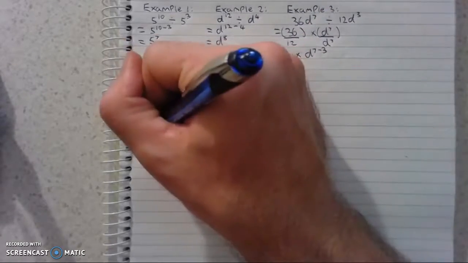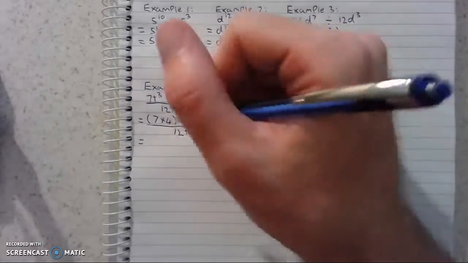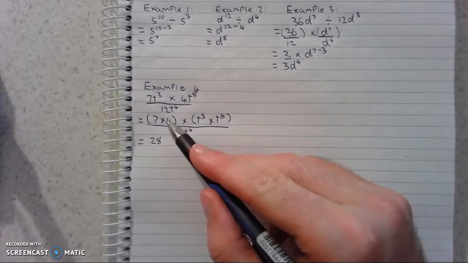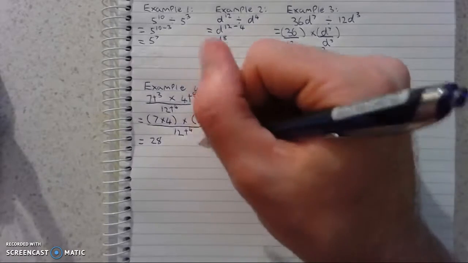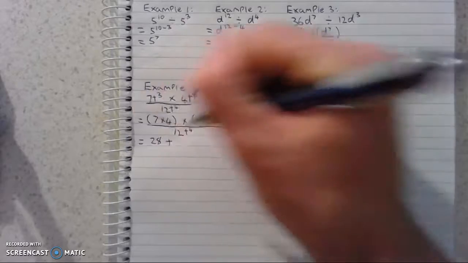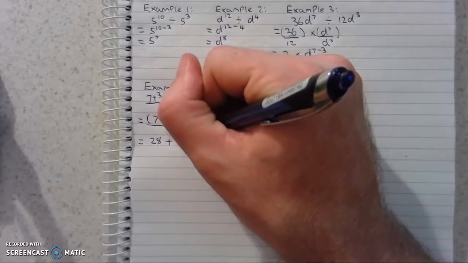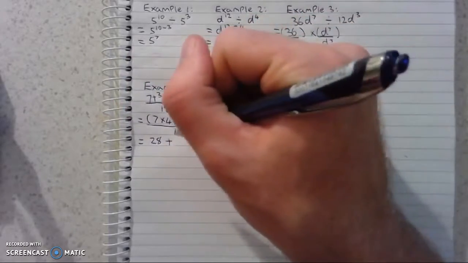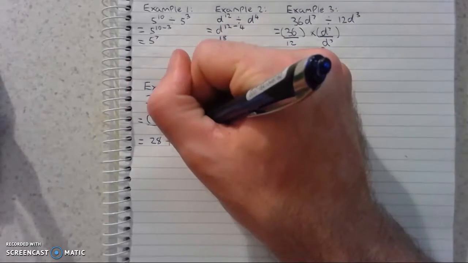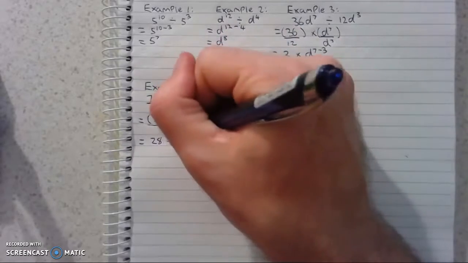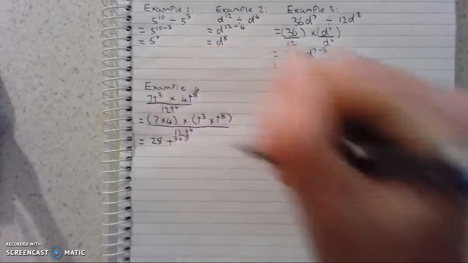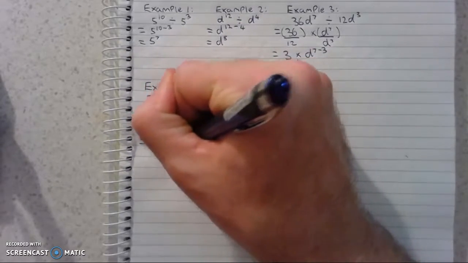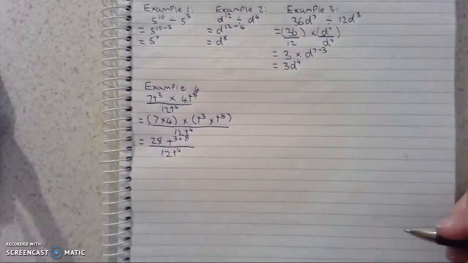That can be worked out to 28, which is the value of our coefficients, and then 28t to the power of 3 plus 8, over 12t to the power of 4.